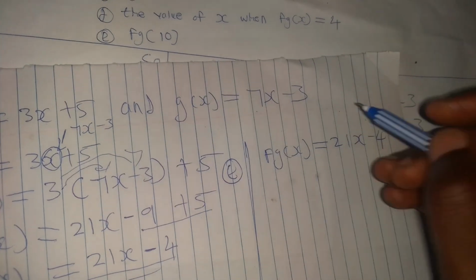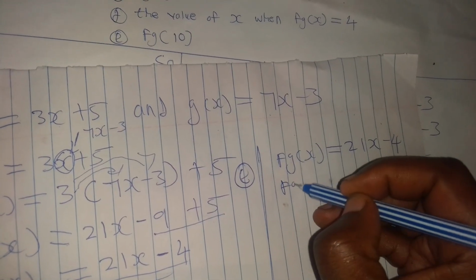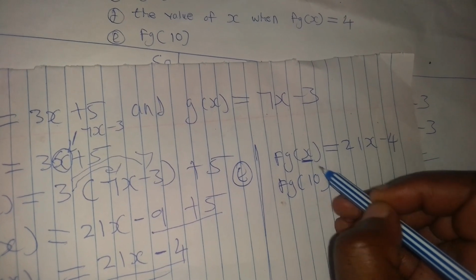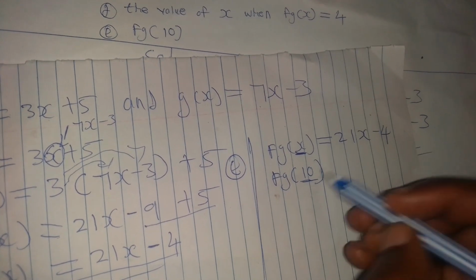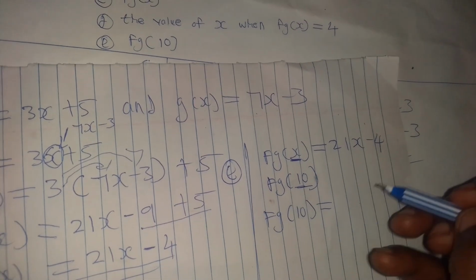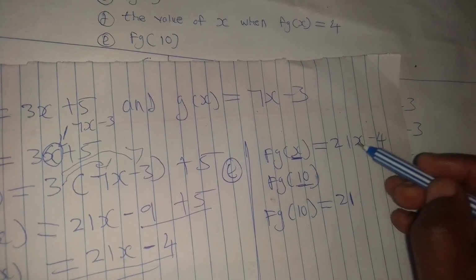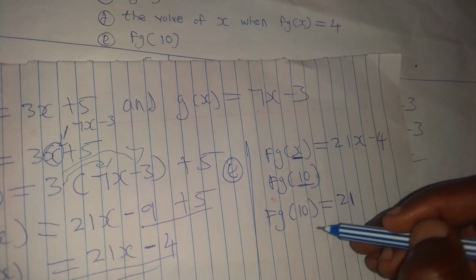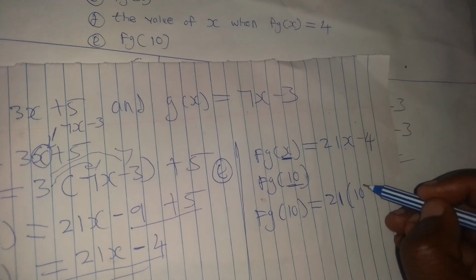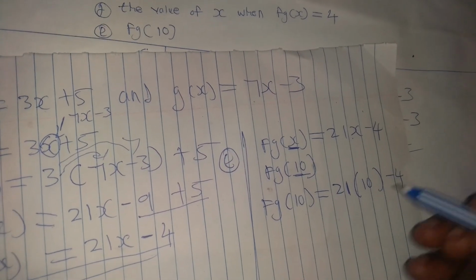Now, they are saying fg then 10, meaning where there is x, you replace with what? With 10. So you say now fg 10 equals 21, then where there is x, replace with 10. So multiplied by 10, then minus 4.